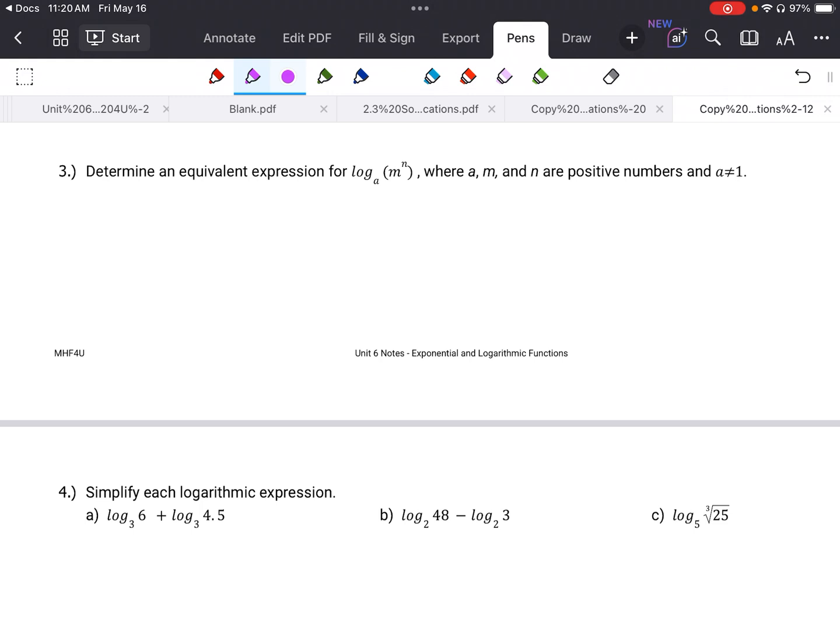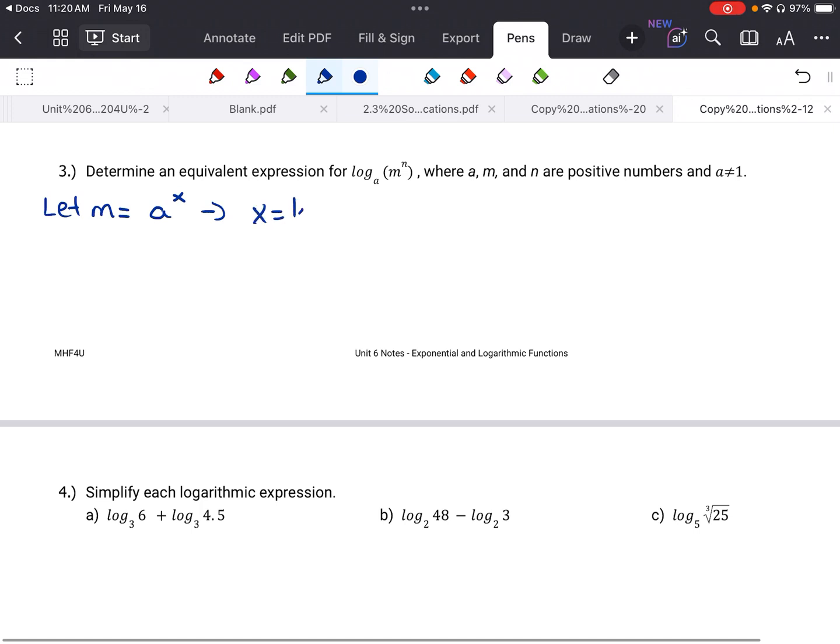Determine an equivalent expression for log base a of m to the power n. This is like our power law that we had from exponential laws. So let m equal a to the power x, which means that x is equal to log base a of m.